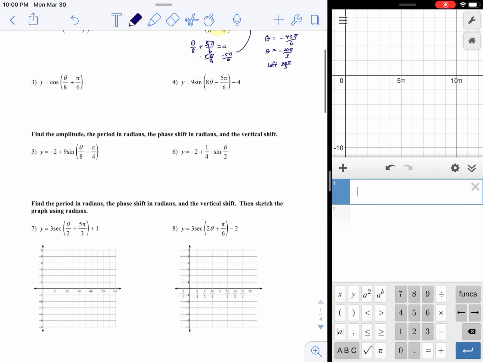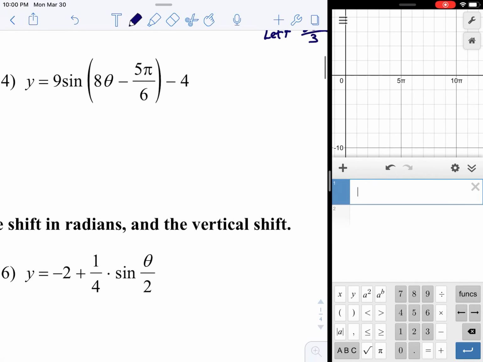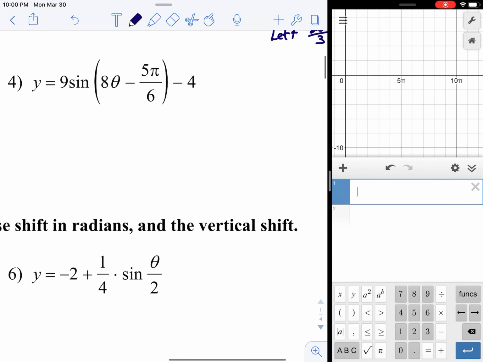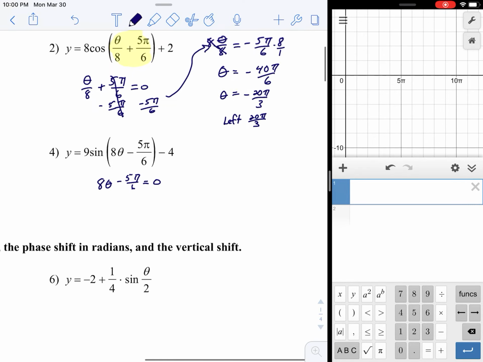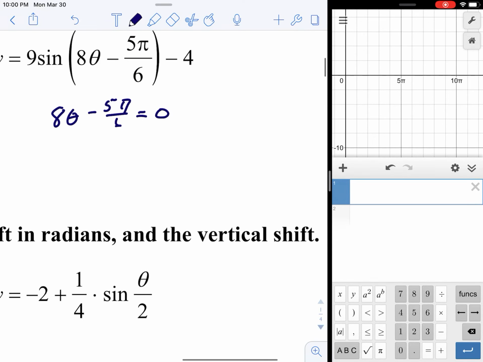Let's look at number 4. So again, whatever is in the parentheses, you set equal to 0. That's remarkably similar to the other problem, but it is actually going to work out to be quite different. So add 5 pi over 6.